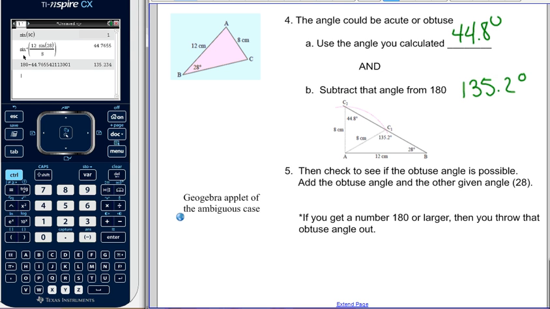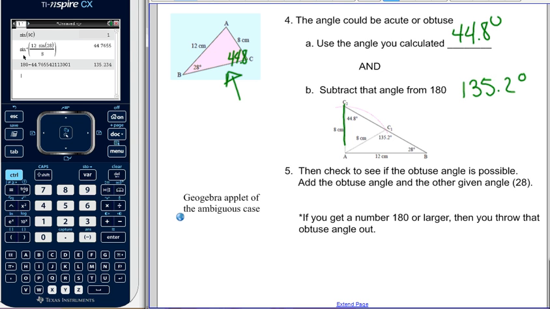So just so you can visualize this, for sure we've got 44.8. By the way, this triangle is not drawn to scale, just so you're aware.